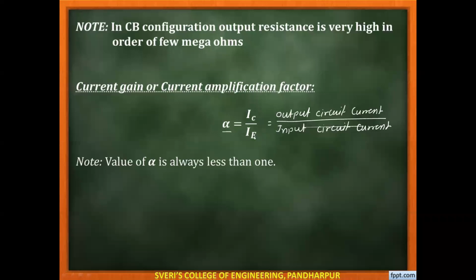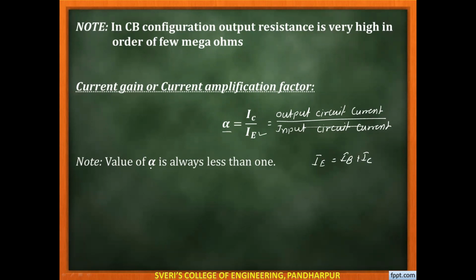Now tell me, which one is bigger, the denominator or the numerator? Because we have the equation IE is equal to IB plus IC, based on it, which term is greater? So definitely the denominator is always greater.